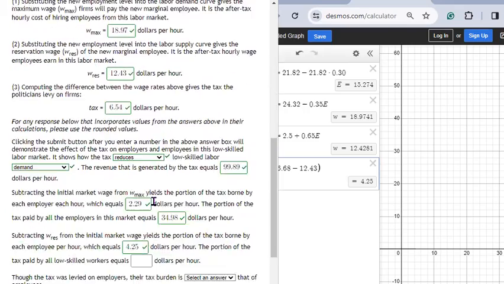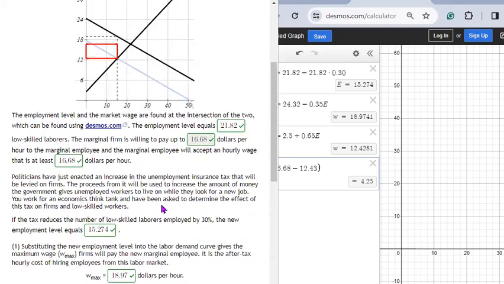So now we've got to calculate the revenues that government collects from firms that is shifted to the employee via a lower wage offer, right? So we have to calculate the area of this box here, which is the new employment level times the amount of the tax.